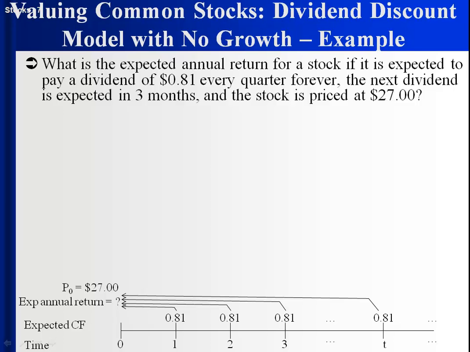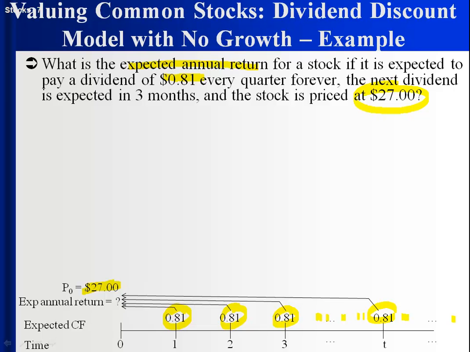What's the expected annual return for a stock that pays 81 cents every quarter, so 81 cents in 3 months, 6, 9, 12, 15, 18, forever and ever and ever? The next dividend is in 3 months, that's always good. If the next dividend is in one period, then I know my models are appropriate. The stock is priced at $27.